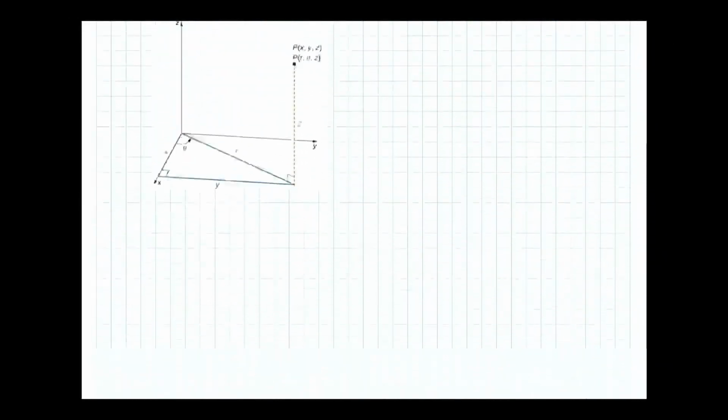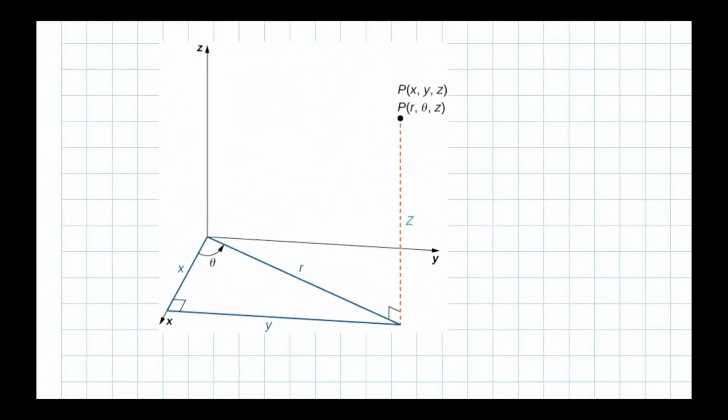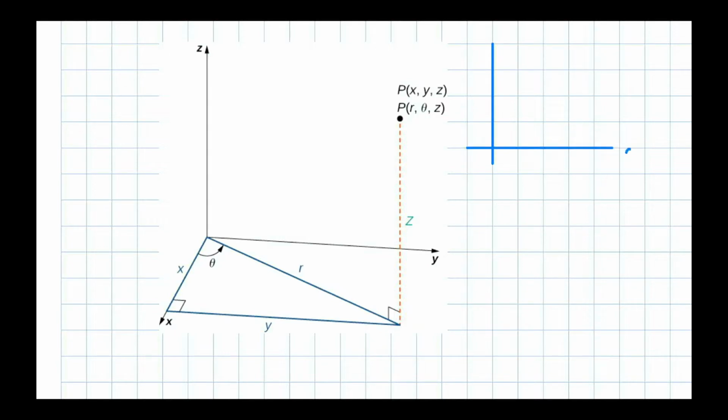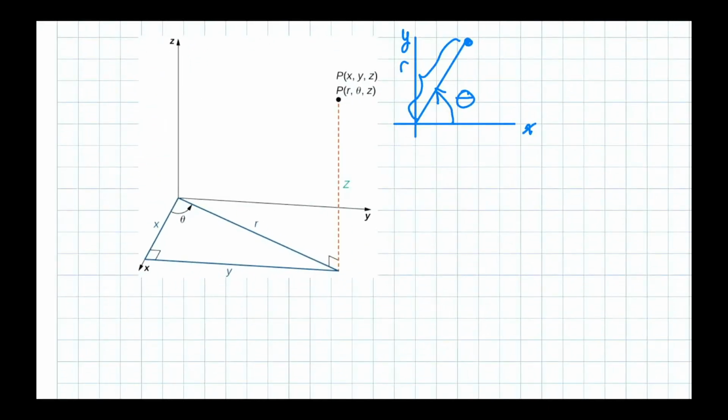Okay. So these are the polar coordinates for x, y, and z. Normally for x and y, you have a point, and we have an angle from the positive x-axis up to that ray, and then we have a radius, which is measured that distance there. If you look at this picture, you've got this theta right here.